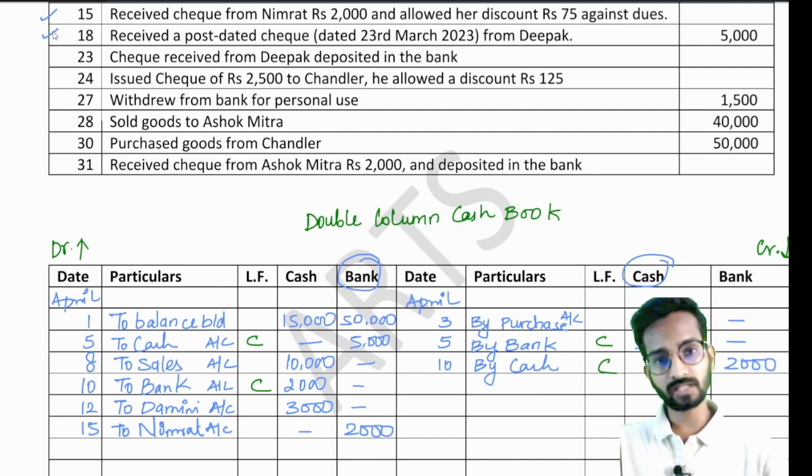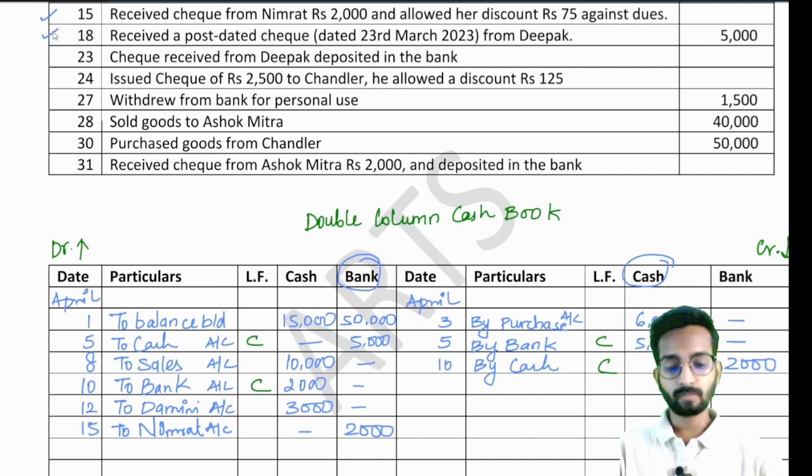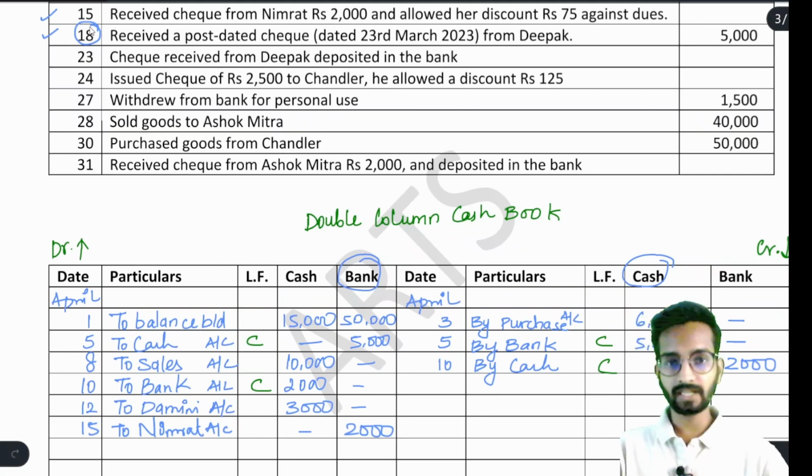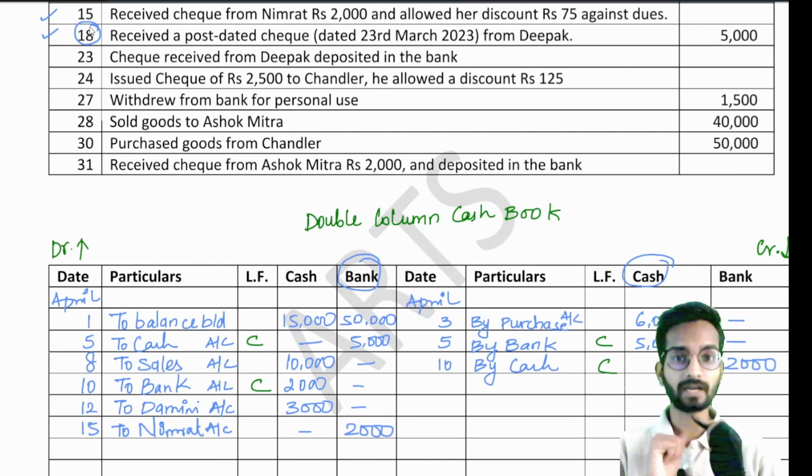Because in Nimrat, we received the check of that particular day and we assume that we deposited it. But from Deepak, we received a post-dated check. What does post-dated check mean? The date is 18th April. Deepak came to our shop on 18th April and he gave the check, and on the check the date was written 23rd March. What Deepak wanted to say is, I am giving you check right now, but do not deposit it now in your bank account.